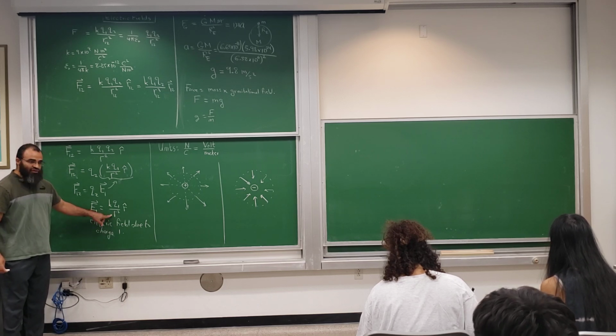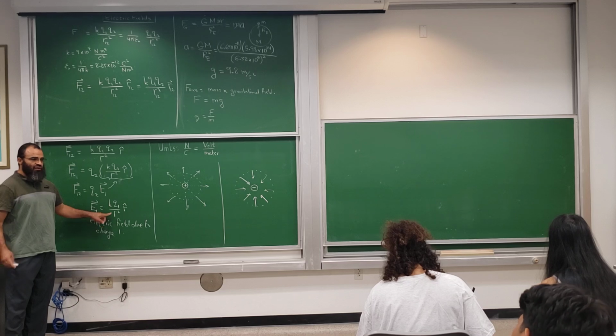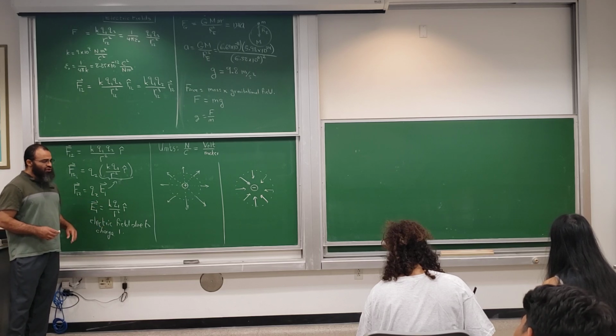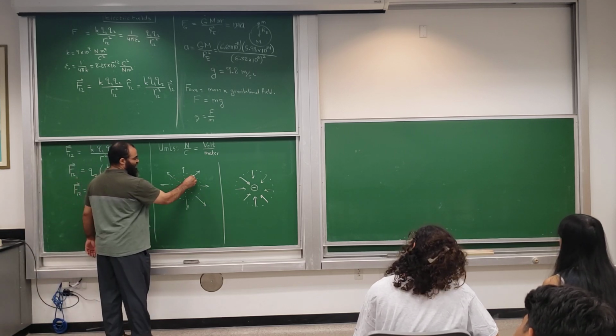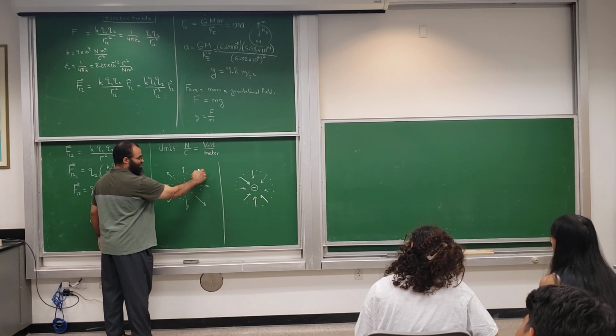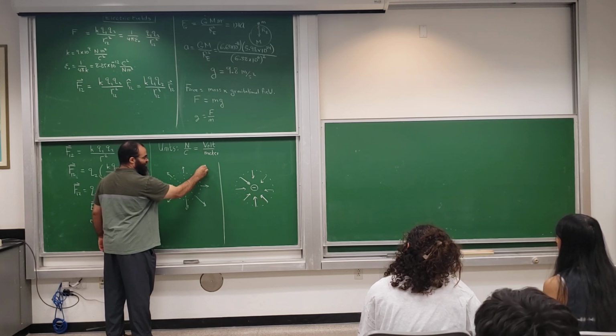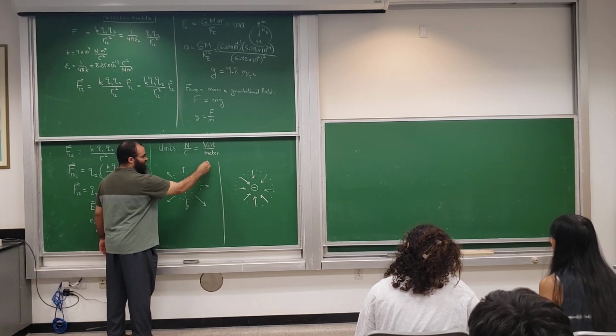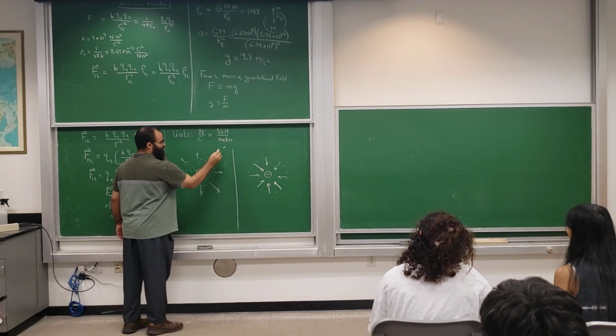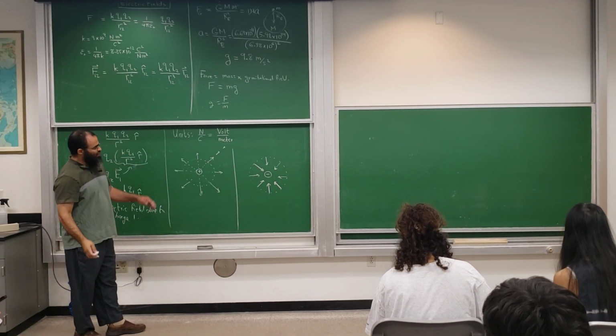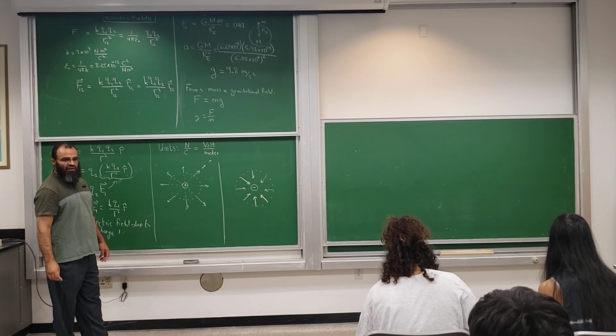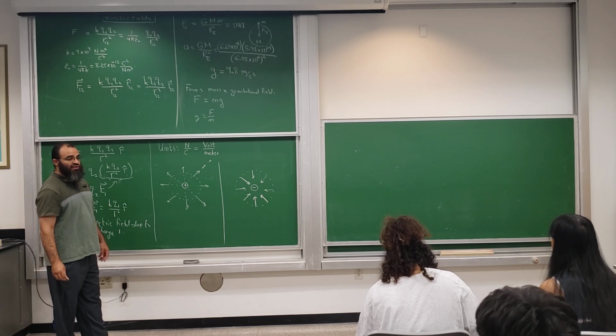Because r gets bigger, so the electric field gets smaller. So for example, if you're here, the electric field has this size, then if you're here, the electric field will have a smaller size. And if you're farther away, maybe the electric field will have this tinier size. So the farther away you are, the less and less the electric field.